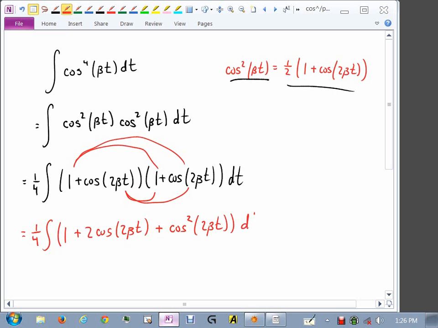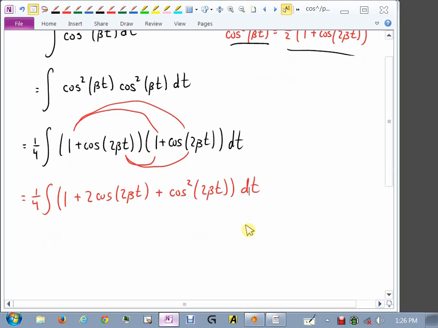And then all of that dt. And now what we do is we see what we can handle here. I can take the antiderivative of 1 with respect to t, that'll be t. This one plus antiderivative would be 2, and then remember, this 2 beta is like an a, so I'm going to say times 1 over 2 beta, and then antiderivative cosine, which is sine of 2 beta t.